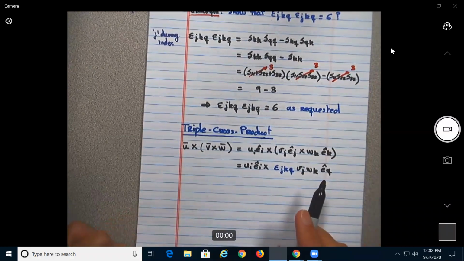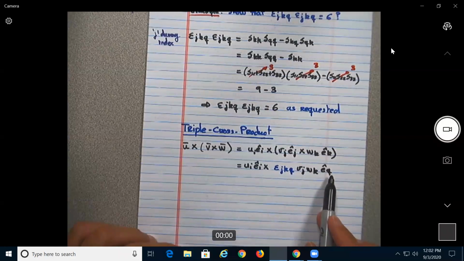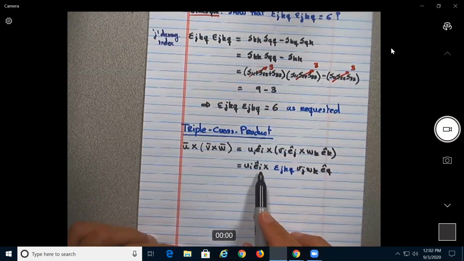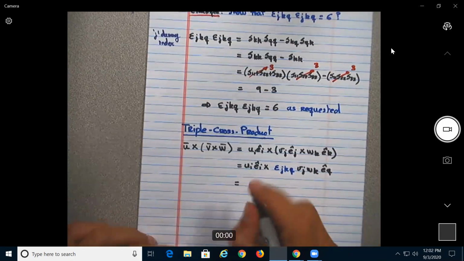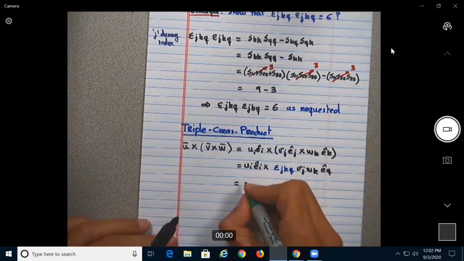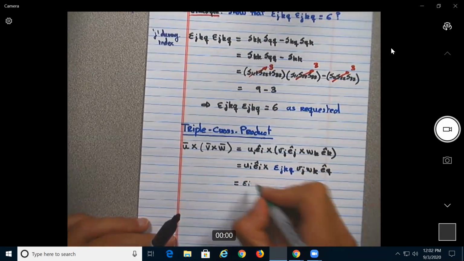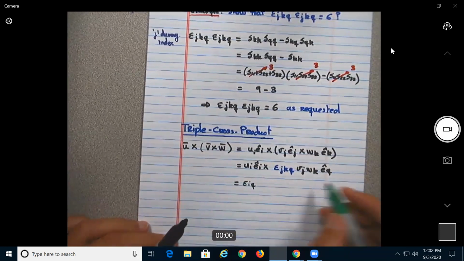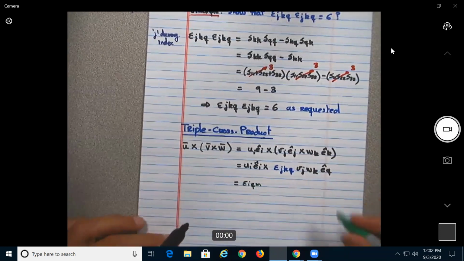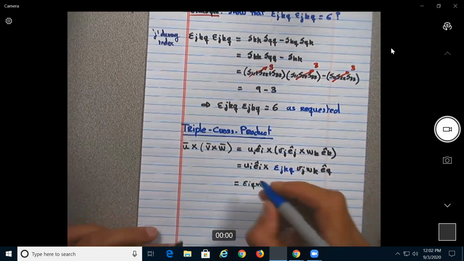Now we need to do the other cross product. So this one will be between I and Q, no? So this will give us here epsilon I Q, and let's call the new one M. The other ones stay unchanged.